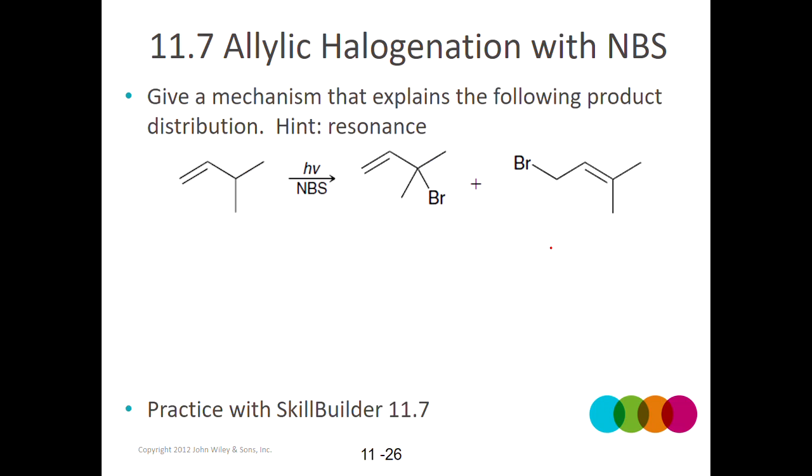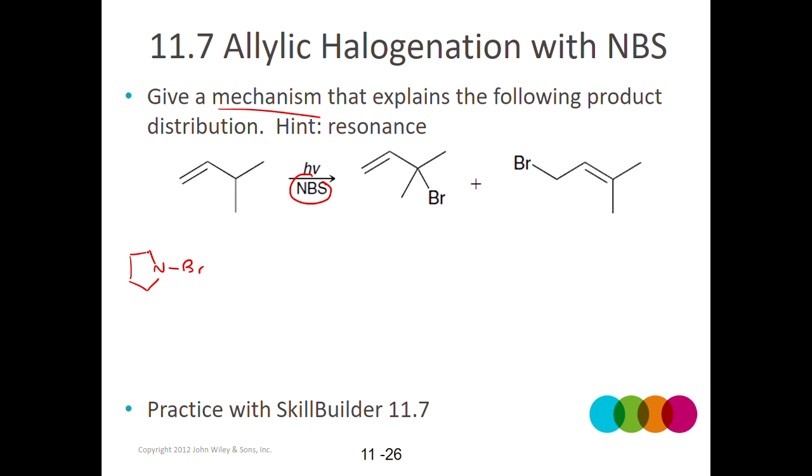All right, here's another example where we're doing a similar thing. So we're using NBS specifically because we don't want Br2 adding across the pi bond. So if we want to draw the mechanism here, we would start with the NBS.